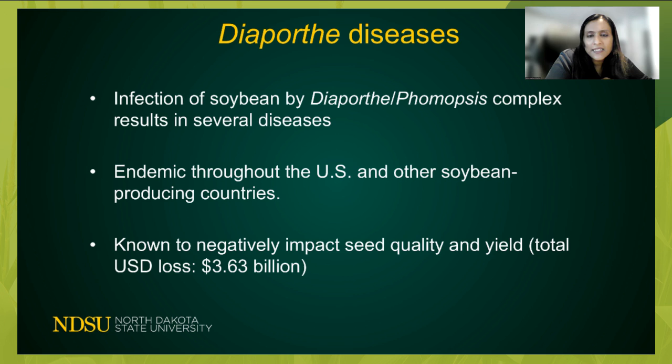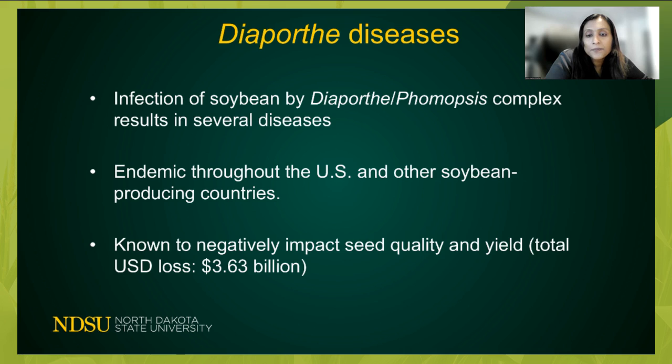But more lately, it has become a big constraint in soybean production, not just in the US, but also in a few other soybean producing countries like Brazil. Overall, the impact that Diaporthe can have on soybean is that it negatively impacts the seed quality and yield.